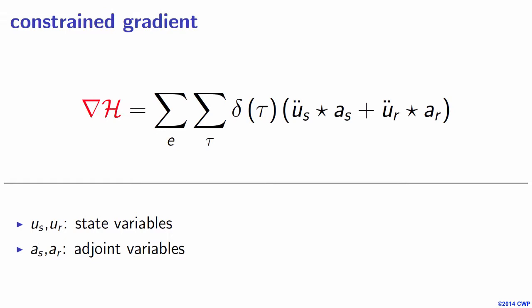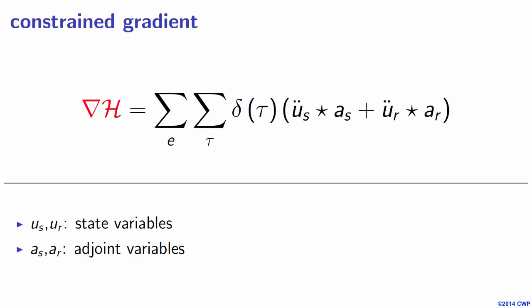This is nothing but saying that the gradient of the constrained objective function is a zero-lag cross-correlation of the source and receiver wavefields, the state variables, with the adjoint variables As and Ar, respectively. And we take the zero-lag correlation of this quantity, and that gives us the gradient.